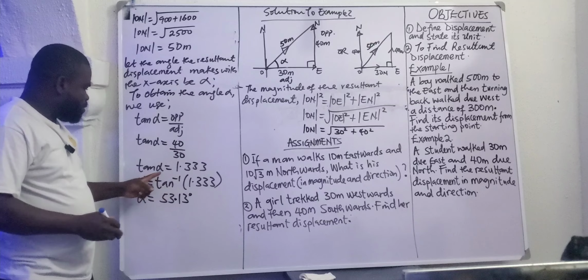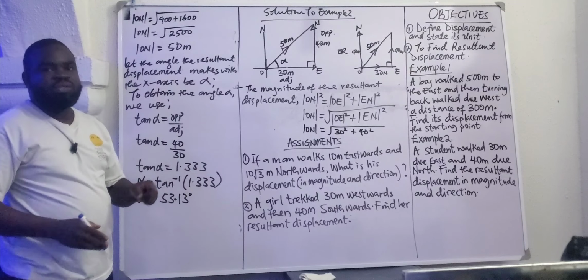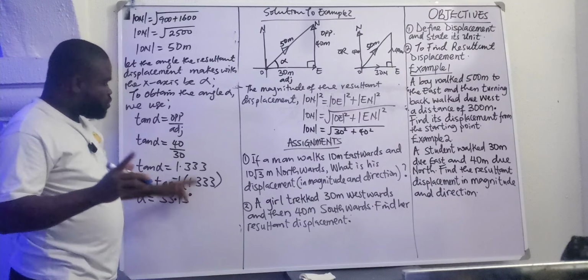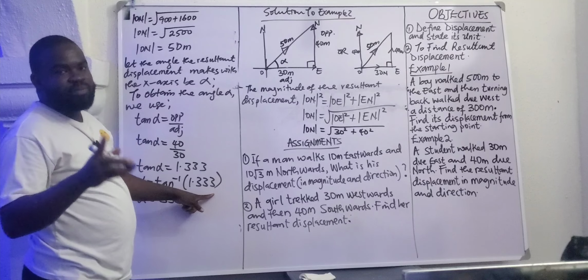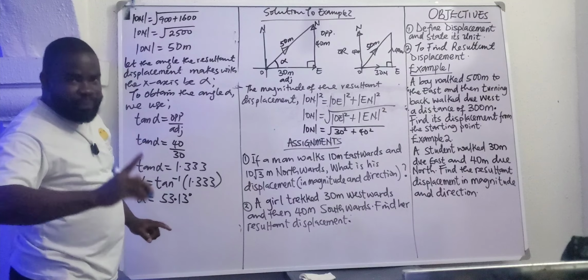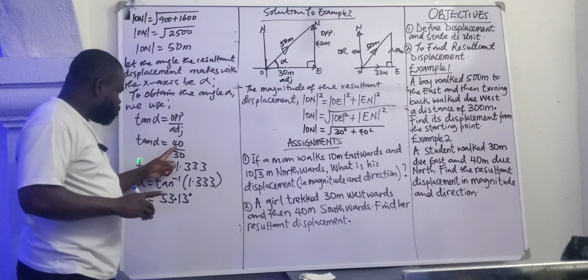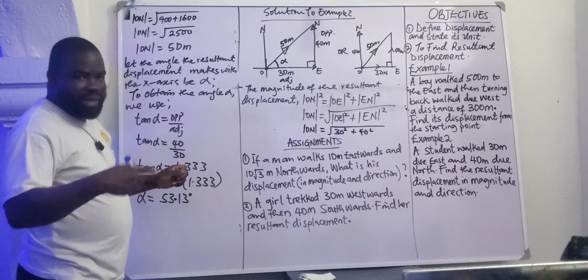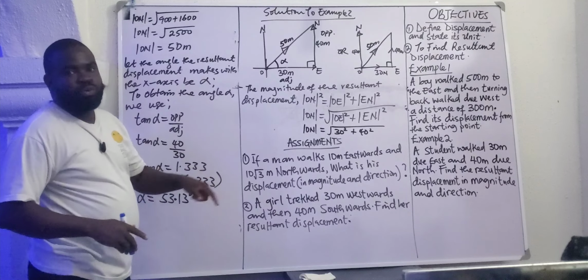Now, let me warn you here. Please, if you know you are going to take tan inverse or sine inverse or cos inverse of a value, you are advised to make sure that the value you are using is up to 3 or 4 decimal places, except in the situation where it gives you a sharp answer. Like if this were 1/2, I will get 0.5. I cannot get more than that. In that case, I will do tan inverse of 0.5.